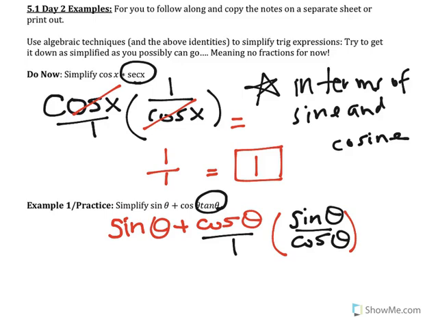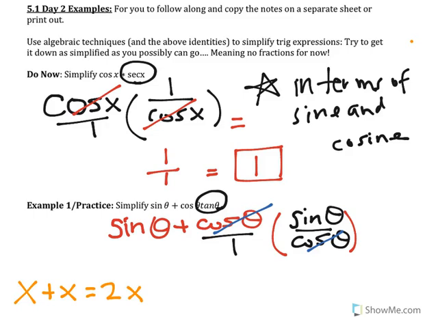Now at this point, I leave the sine out in front, and what I can do is cancel the cosines because there's one on top and bottom. Now let's step back for a second and talk about algebra. If I told you guys to solve or simplify x plus x, you would tell me that that was 2x.